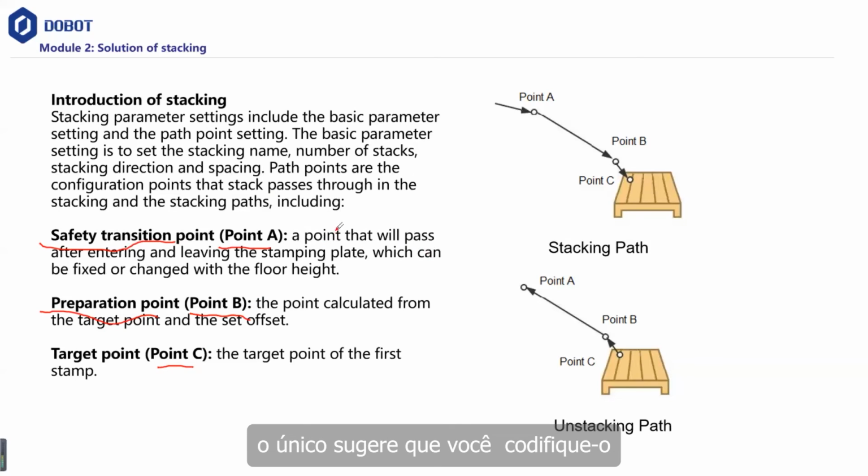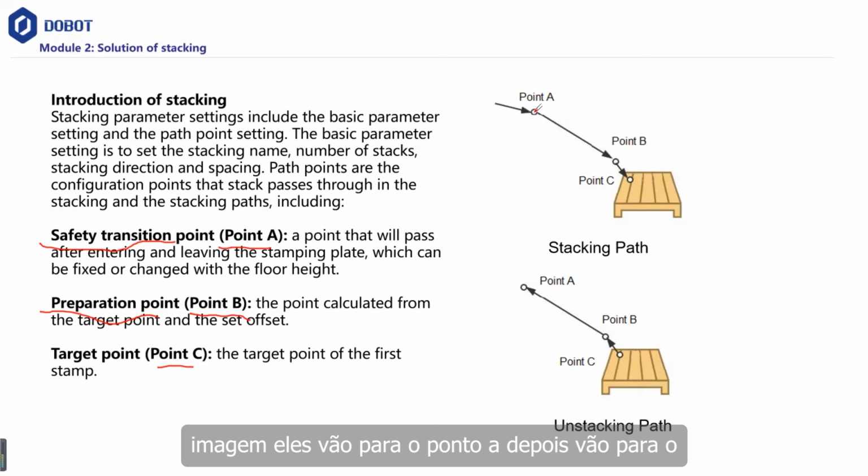But usually we suggest you to put it right on the target points, just like what we show in the picture. We go to point A, then go to point B, and then placing or picking from point C, and the stacking points as well. We move from point C to point B, and then to move point 1.